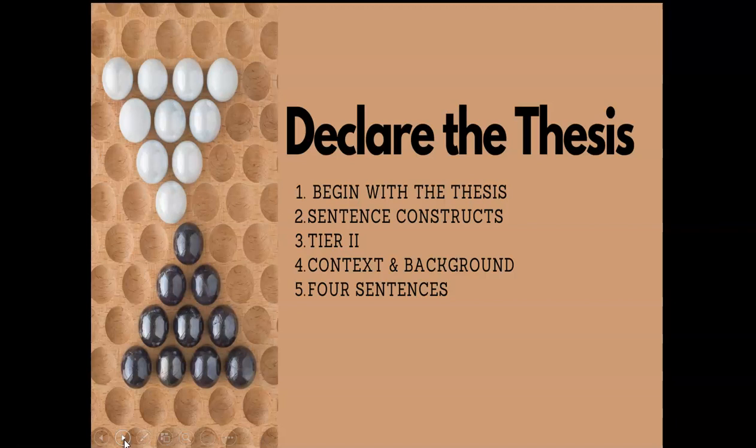The kicker with introductions is while the template's in place, they have to be exactly 4 sentences long, no more, no less. So exactly 4 sentences. So the remaining component is context and background. So begin with the thesis, sentence constructs, tier 2 level vocab, context, background, exactly 4 sentences.